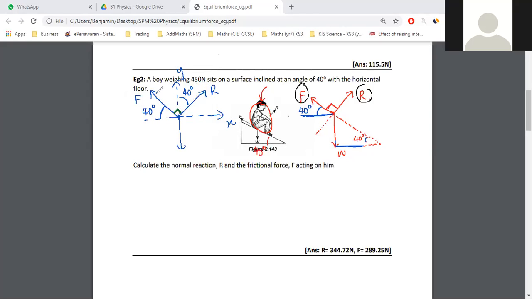Okay, resolve. We have three forces, F, R, and W. Resolve all of them. W no need, because W is already the vertical component.